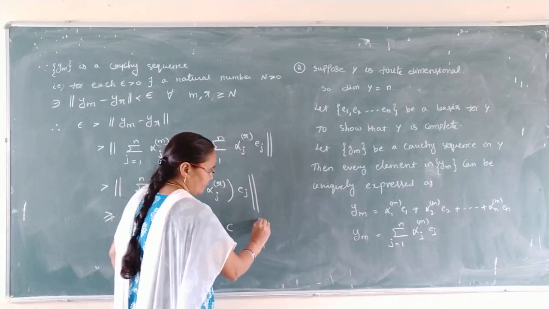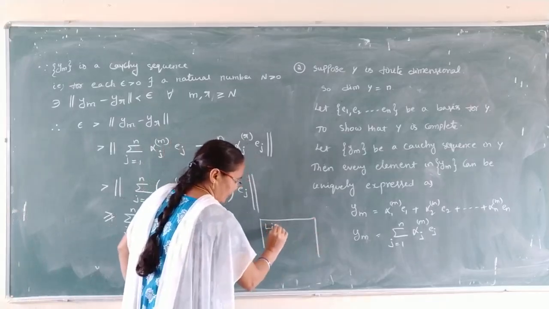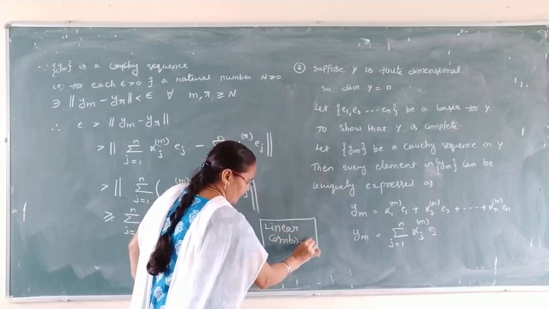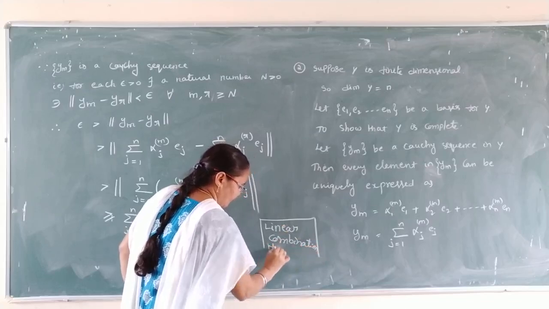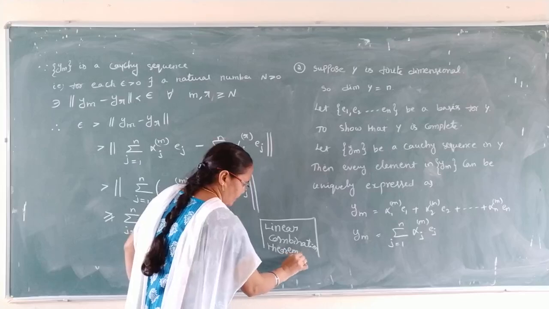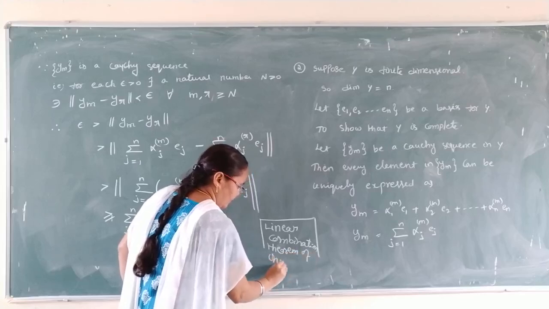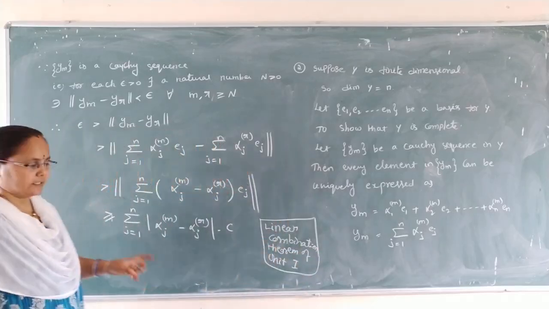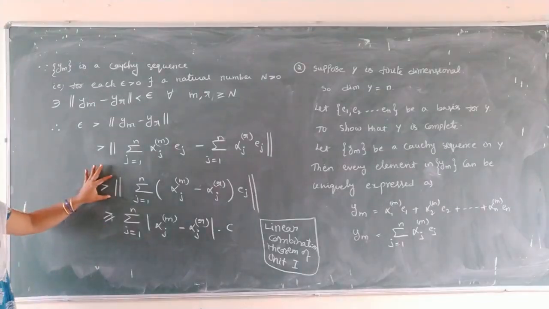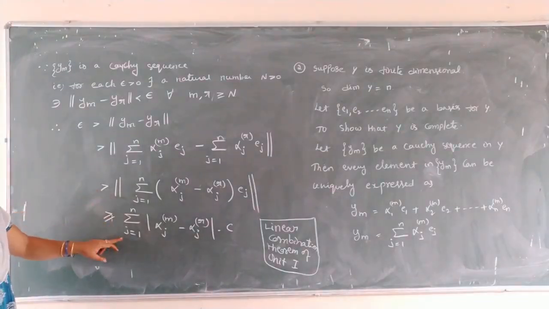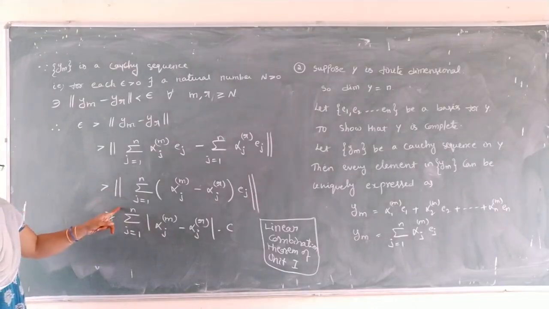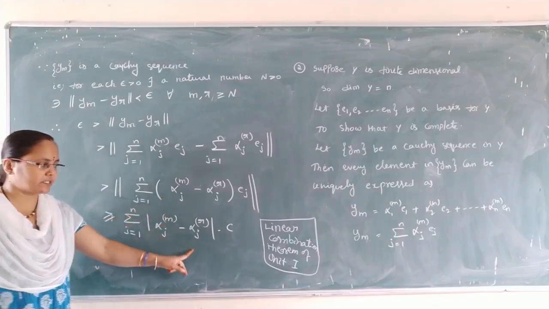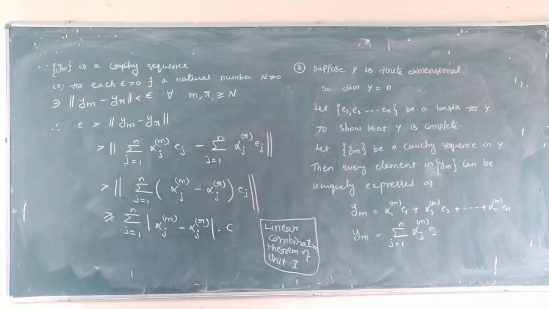Which theorem are we using? The linear combination theorem of unit 1. Clear? By applying that theorem statement, this entire thing is greater than or equal to summation j equals 1 to n of the modulus of the scalars into a certain constant.